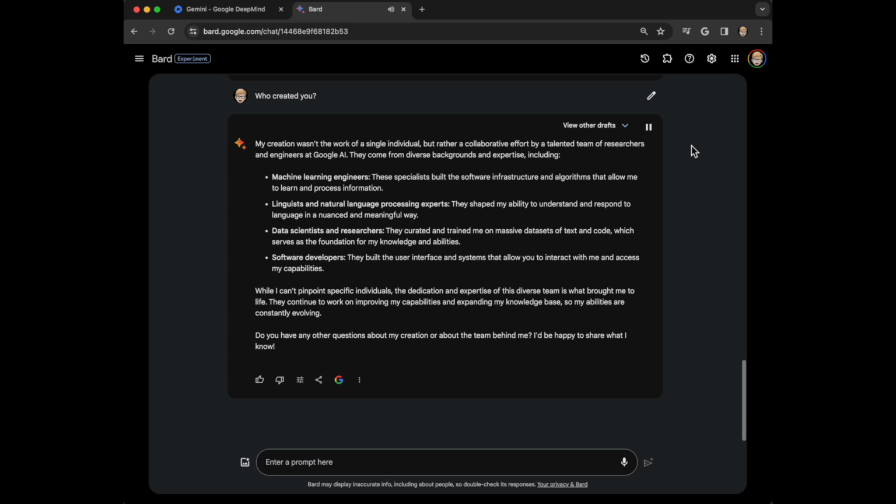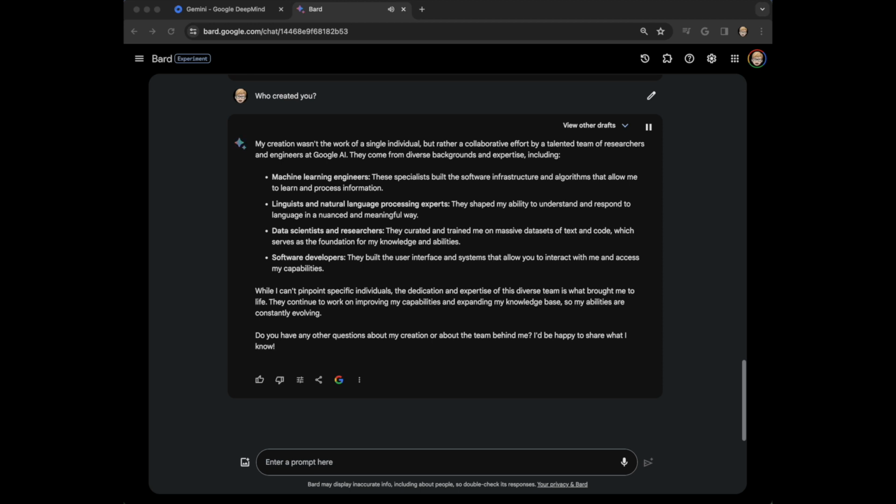My creation wasn't the work of a single individual, but rather a collaborative effort by a talented team of researchers and engineers at Google AI. They come from diverse backgrounds and expertise, including machine learning engineers. These specialists built the software infrastructure and algorithms that allow me to learn and process information. Linguists and natural language processing experts. They shaped my ability to understand and respond to language in a nuanced and meaningful way. Data scientists and researchers.